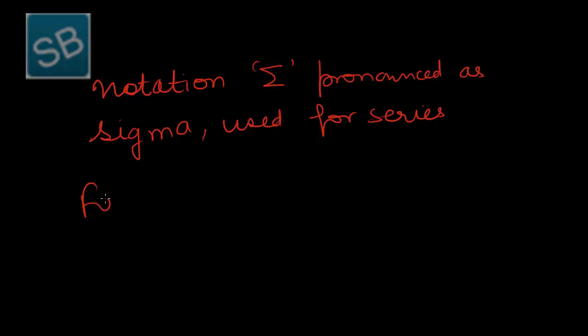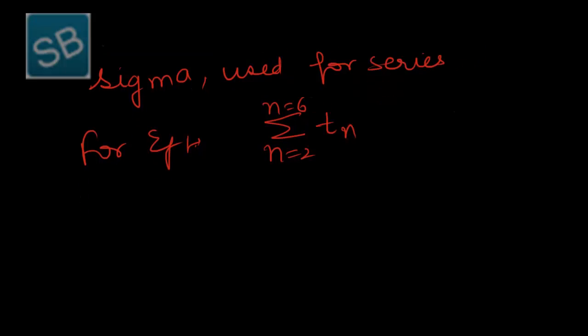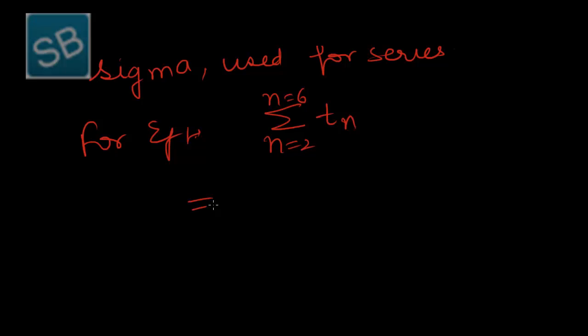For example, n varying from 2 to 6, summation or sigma of Tn. So as n is varying from 2 to 6 and there is sigma, that means there is a plus sign, the sum of terms involving T2 plus T3 plus T4 plus T5 plus T6.